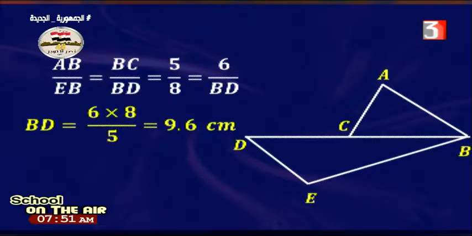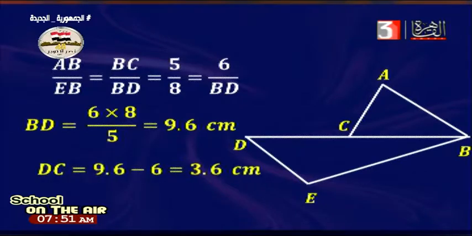It is 6 times 8 over 5 to give a length of 9.6. Then you want to find the length of DC. How can you? Let us see. First of all, you notice that BD equals 9.6. So DC equals 9.6 minus 6 equals 3.6 centimeters.